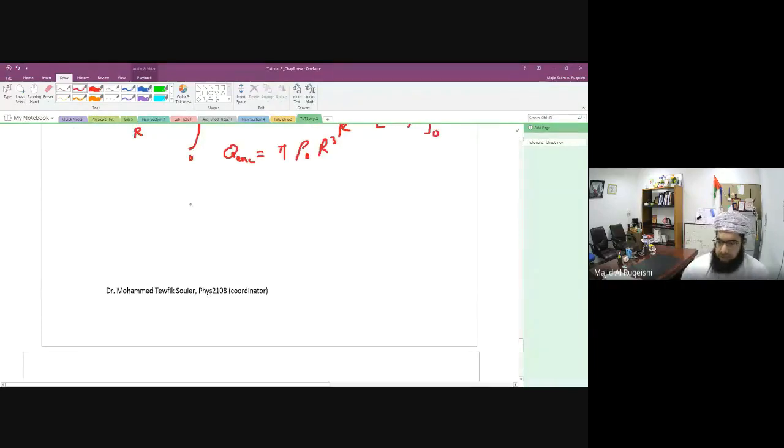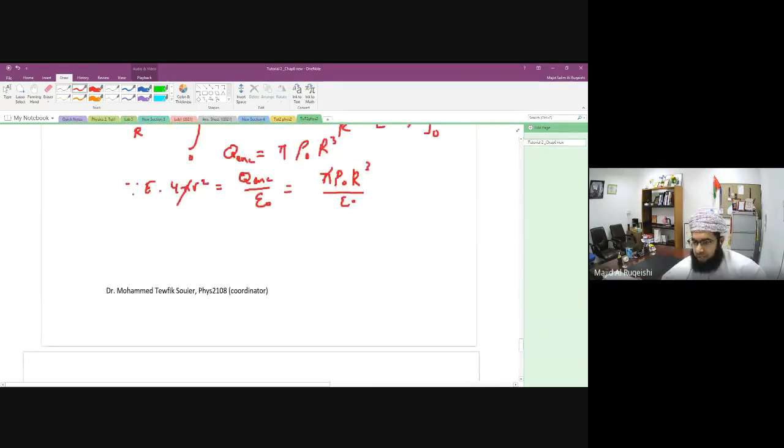So E times 4 pi r squared equals Q enclosed divided by epsilon naught, and Q enclosed is just pi rho naught times R cubed, divided by epsilon naught. And you know from here pi, and here we have pi.